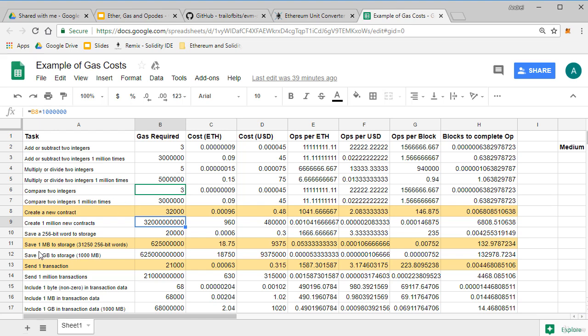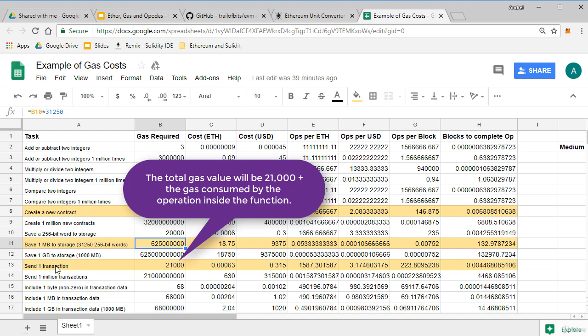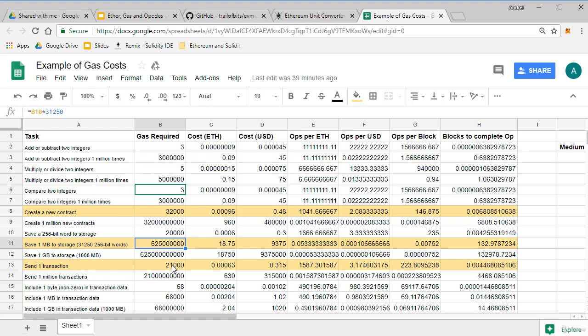If we want to save 1 megabyte to storage, we must pay this big value from here. To send a transaction, to call a setter function, for example, that modifies the state variables, any transaction costs 21,000 gas.